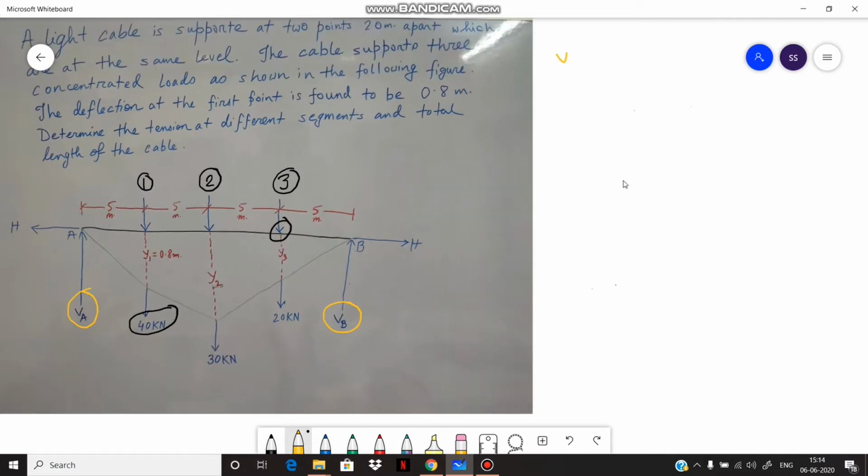We have y1 equals to 0.8 meter, that is the deflection at point 1.